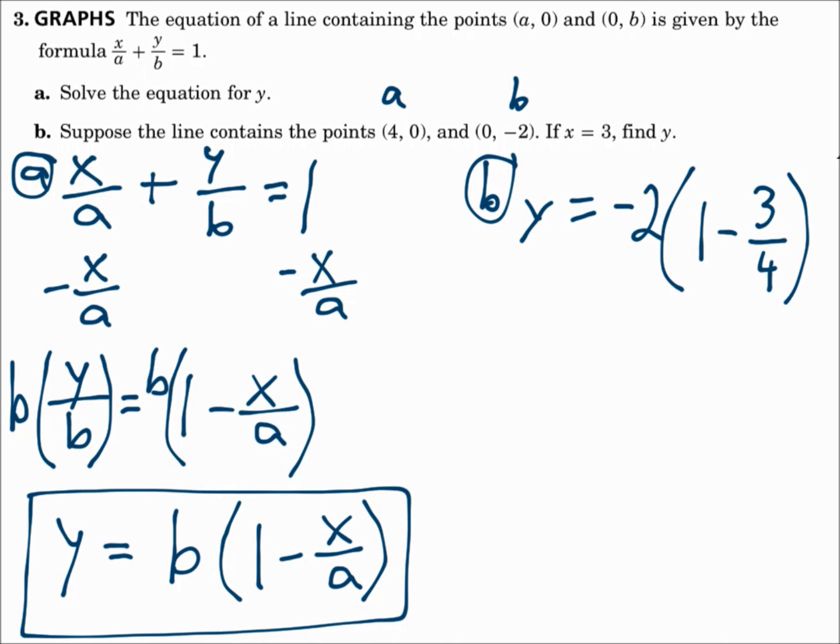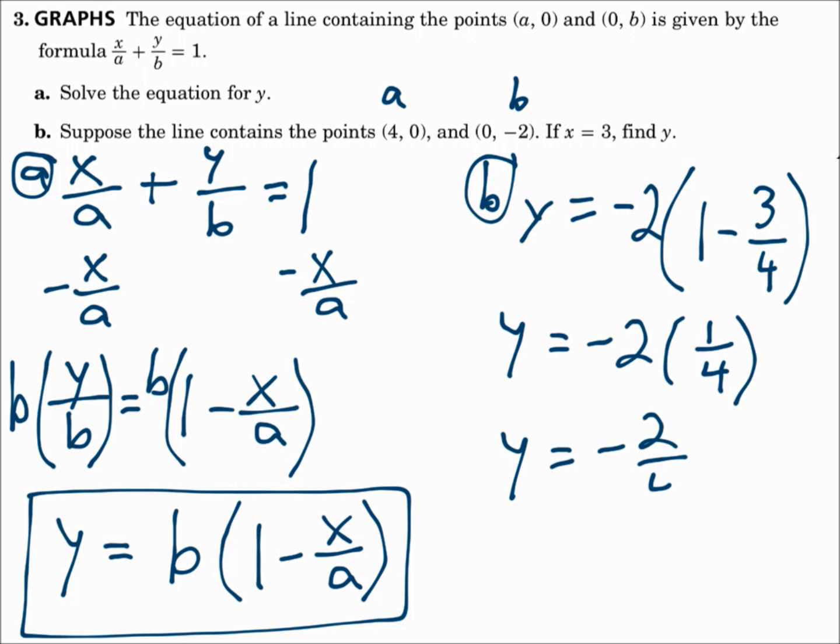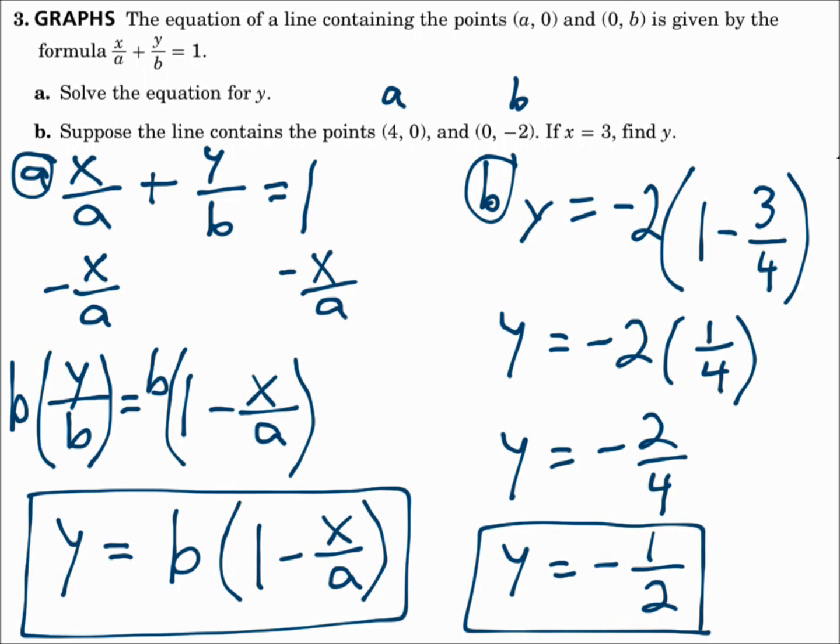Do parentheses first. 1 minus 3/4 is 1/4. And -2 times 1/4 is -2/4, which reduces to -1/2. So solve the formula for the variable they ask. Substitute in the other values they give you, and find the value that you're looking for.